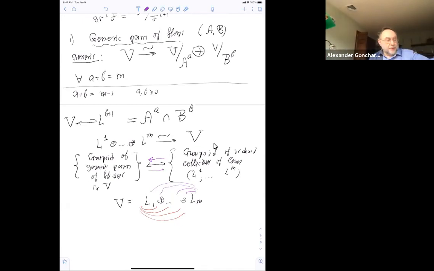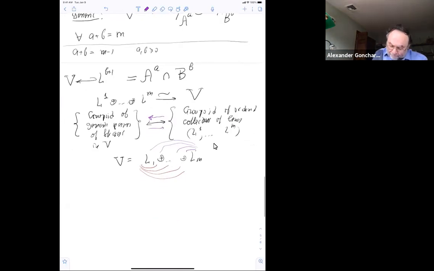Now the question is, what are we going to do if we have triples of flags? Once again, why I'm doing this: remember that when we were talking about the moduli space of Stokes data, we realized that we have lots of flags and they are in some position each to the other.